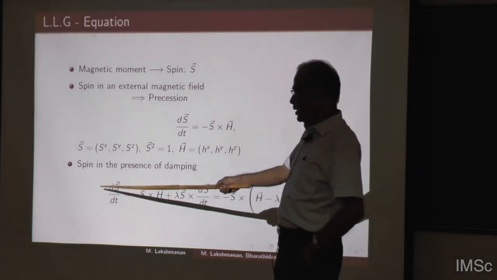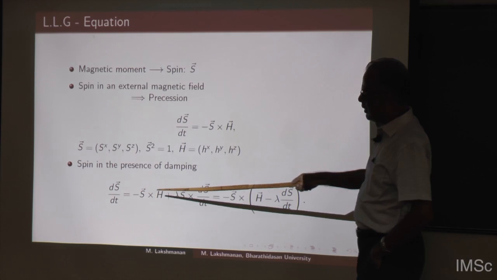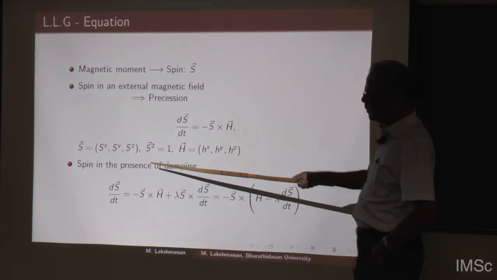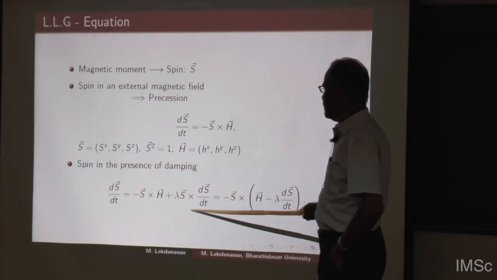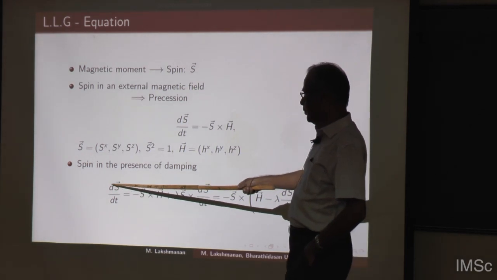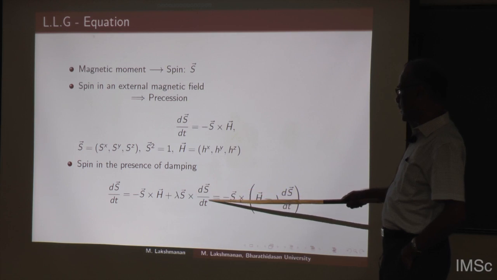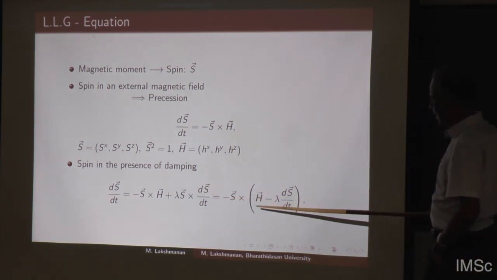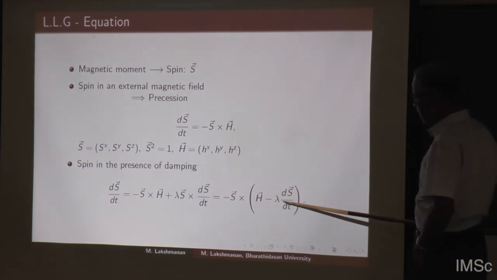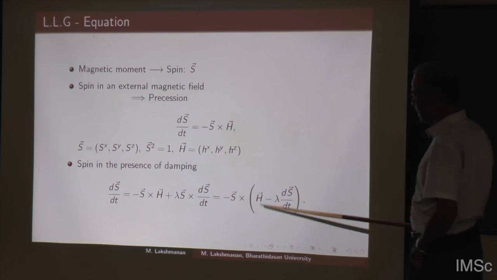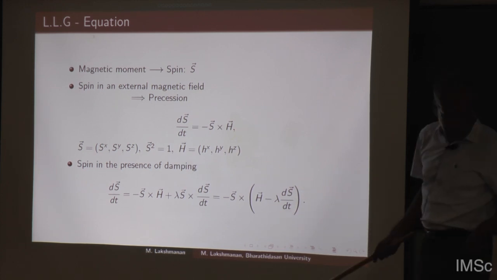If you take the scalar product with S on both sides, the spin length is conserved. So the dynamical equation for a single spin is dS/dt equals minus S cross (H minus lambda dS/dt). You may call this an effective field.